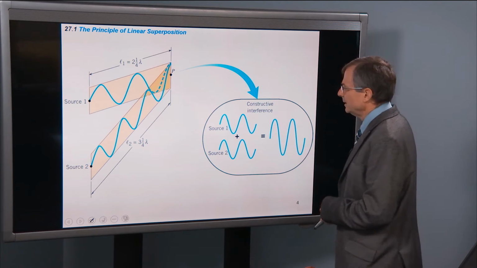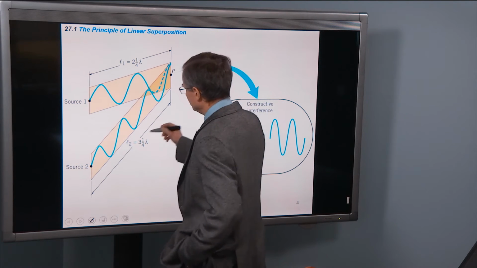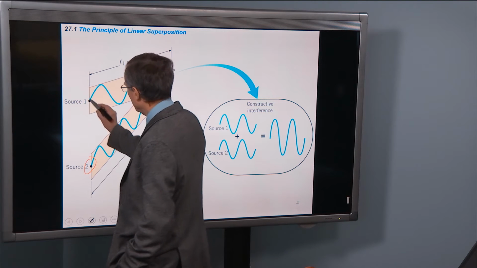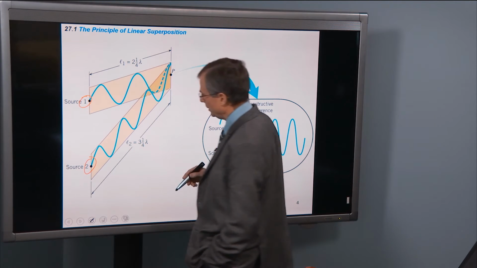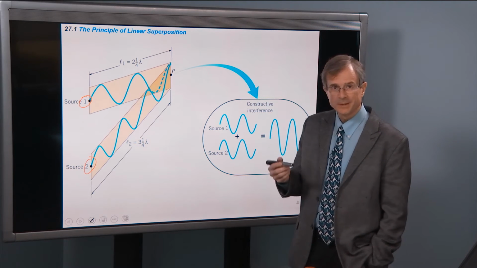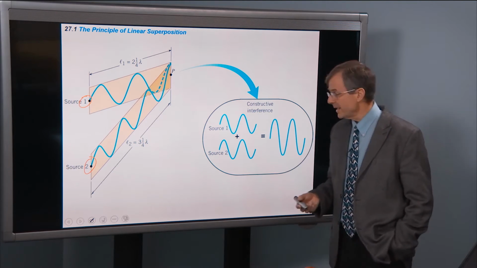So, just like chapter 17, we've got two different sources, 1 and 2, and in this case, electromagnetic rays, or radiation, or electromagnetic waves.